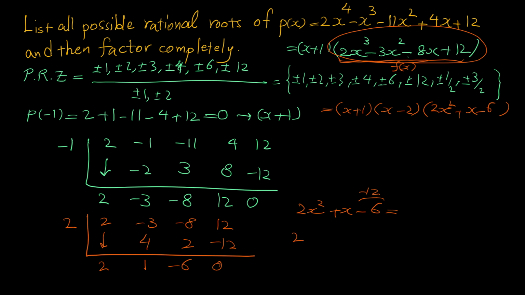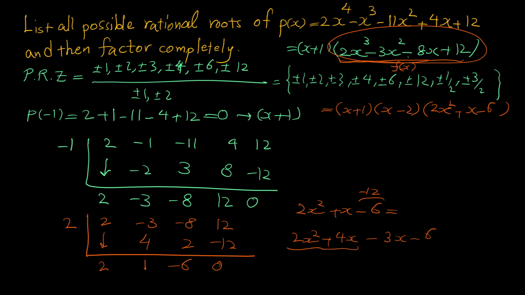So we write this as 2x to the 2 plus 4x minus 3x minus 6. Why did we write x in the form of 4x minus 3x? Because we were looking for two numbers whose product is negative 12 and whose sum is 1. Those numbers are 4 and negative 3, so 4x minus 3x.